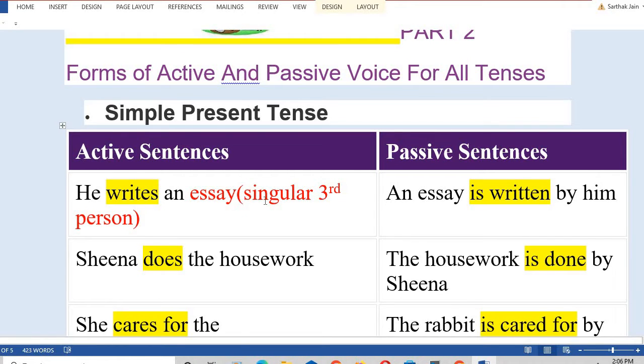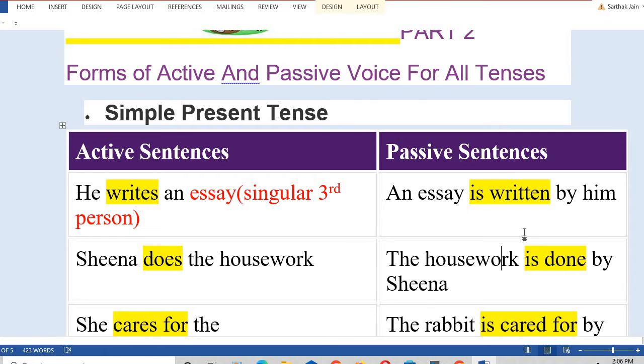How it will be converted depends upon the subject of the passive. What is the subject of the passive? Essay, and according to this the helping verb will be added in the passive voice. Because the word writes tells us that this is a sentence of the simple present tense, accordingly we will insert the helping verb with the third form of the verb.